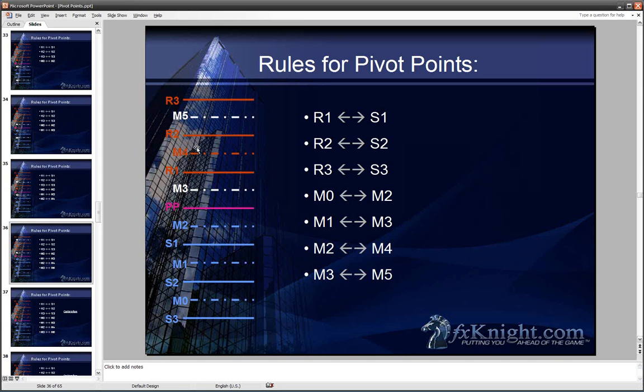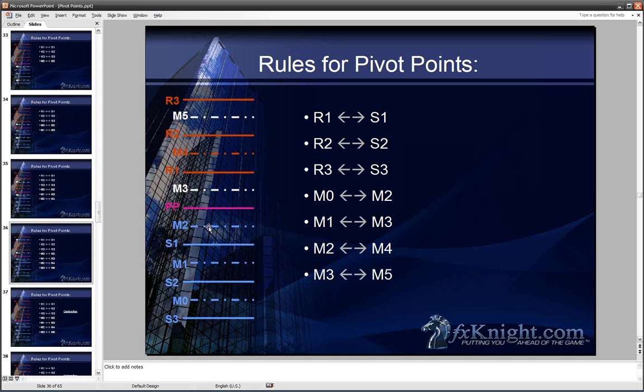Okay? Great question, Daniel. There's no end point for a bounce off the central pivot point. For that, you'll need to use something else, maybe a moving average, an envelope, a fib. Okay? Prior high and low. You'll need to use something else in order to find the most likely reversal point.